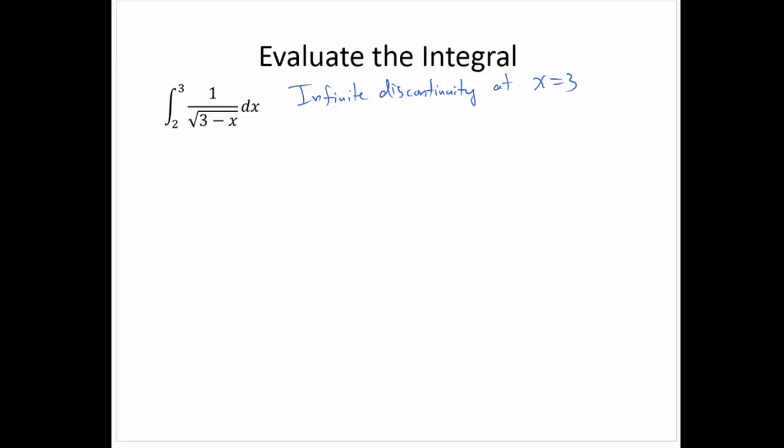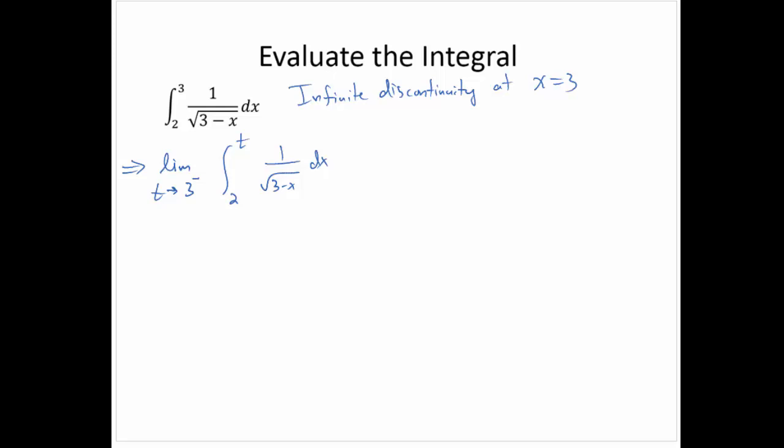So since we have the infinite discontinuity at x equals 3, and we're trying to integrate from 2 to 3, I will rewrite this integral as the limit as t approaches 3 from the left of the integral from 2 to t of 1 over the square root of 3 minus x dx.